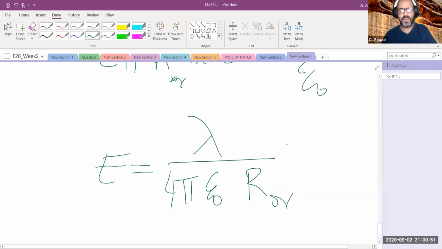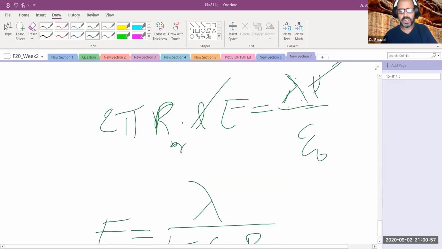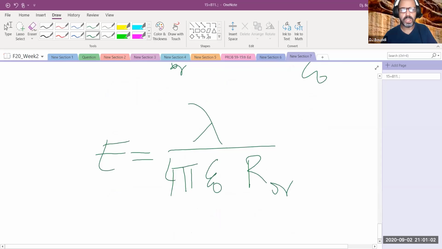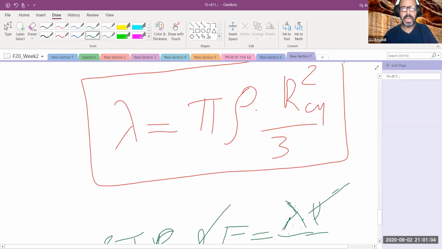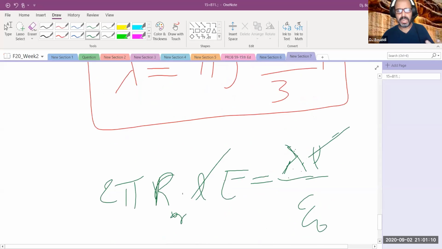Remember we found the value of lambda, which is pi times rho times r cylinder over 3 and r cylinder squared. So we really needed to express the electric field at some point with all what we know, and what was given in the problem is rho, r cylinder, r orbit, and that's it.